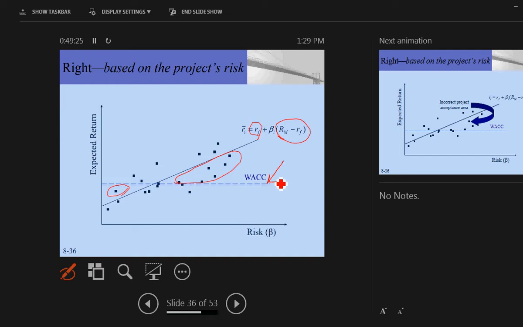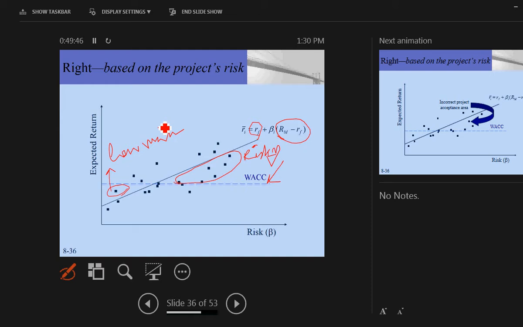So the projects here are very risky, right? And that's why they are giving more cash flows. And this one is of low risk, right? And that's why it has a low expected return. So it's actually not a bad project. It's a good project.